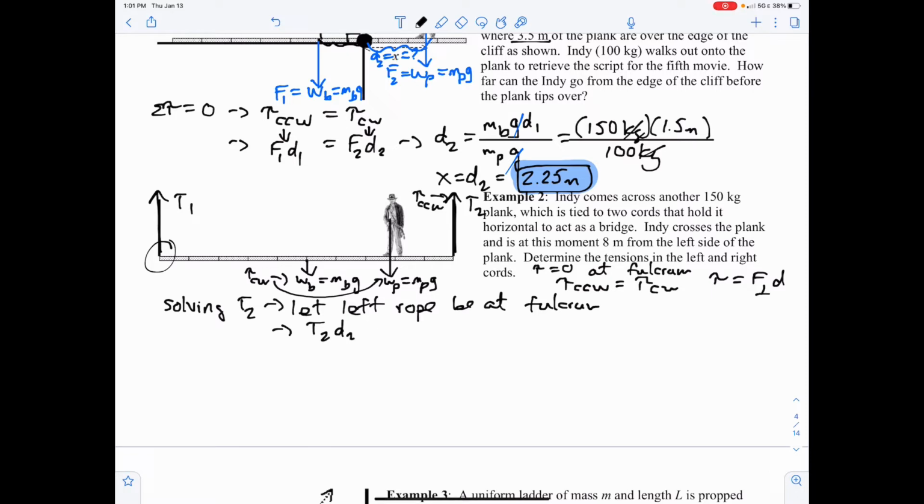That's going to equal the other two torques, which would be the weight of the board times the distance of the board plus the weight of the person times the distance of the person. And you're solving for T2.